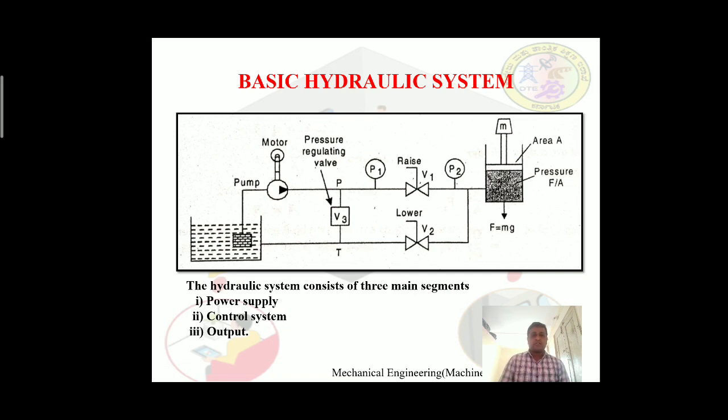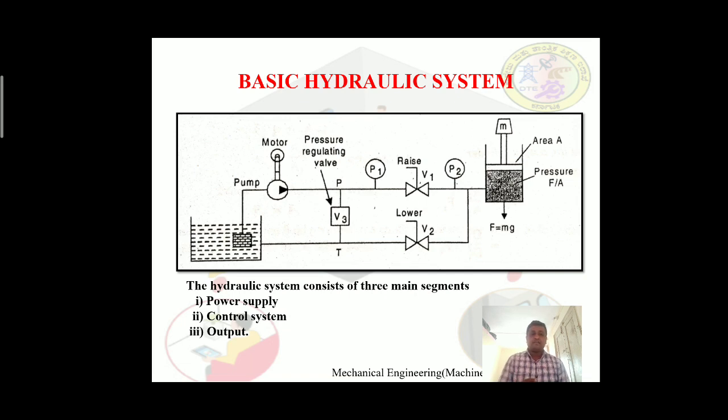According to the basic hydraulic system, the hydraulic power system consists of three main segments. The first one is the power supply, the second one is the control system, and the third one is the output unit. All these are connected through a closed loop with suitable hydraulic lines.